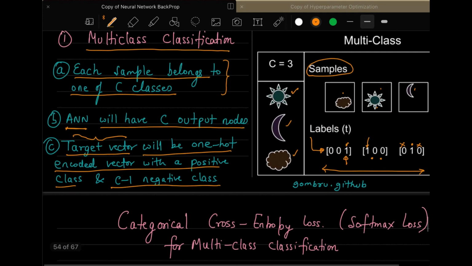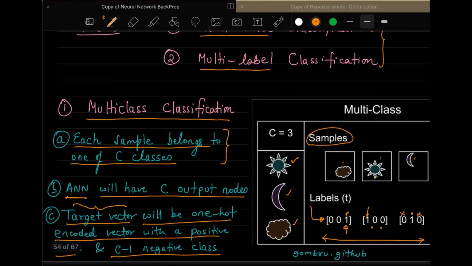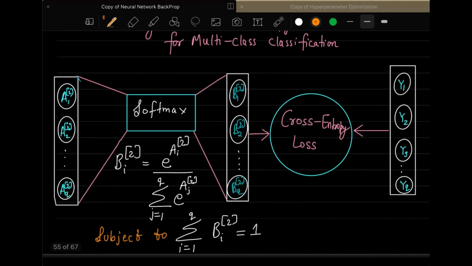Okay, so once that is done, we observe that if we have samples like this where each image has one class, like here we have one class, this class and this class, then based on this type of situation, we will be using softmax units at this point.